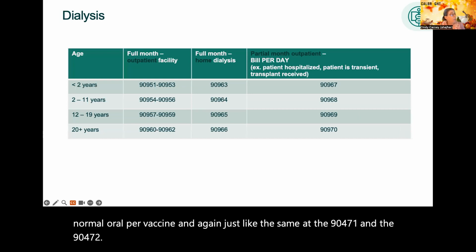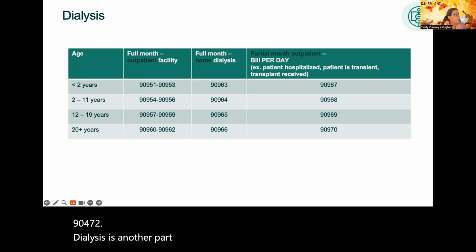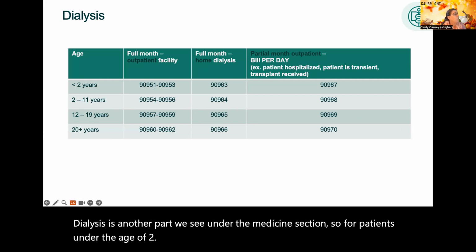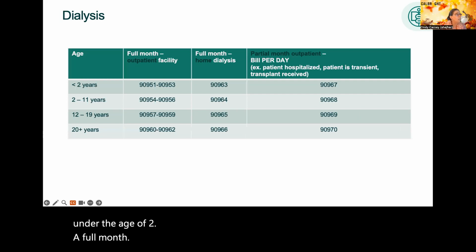Dialysis is another part we see under the medicine section. So for patients under the age of 2, a full month outpatient facility, CPT code 90951 to 90953, ages 2 to 11 years, 12 to 19, and then 20 plus years.